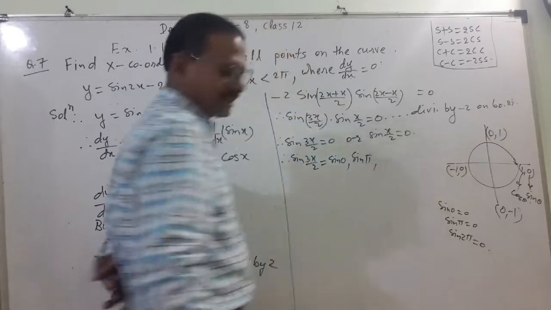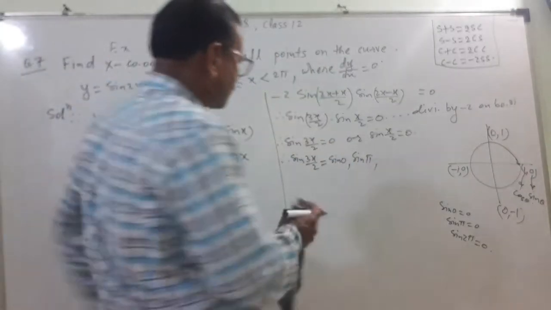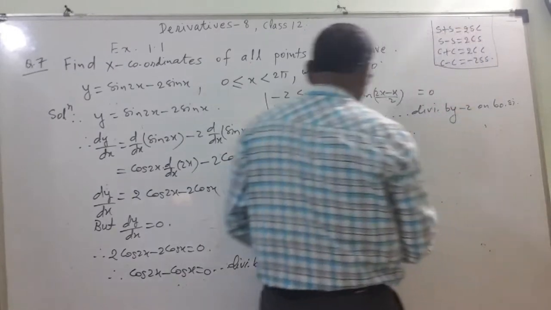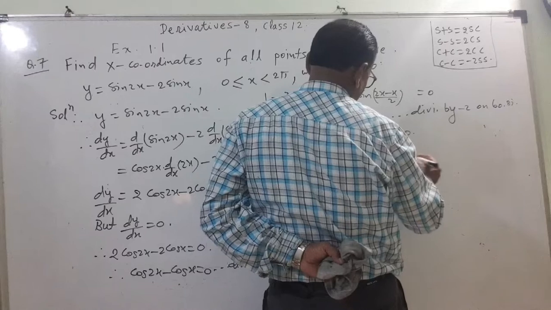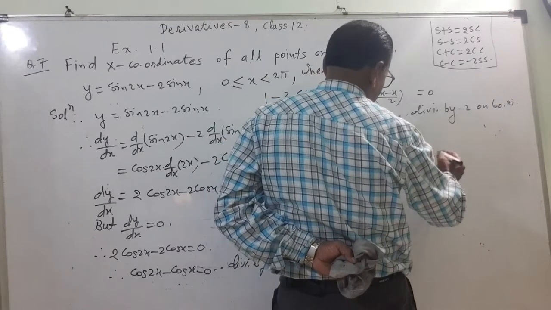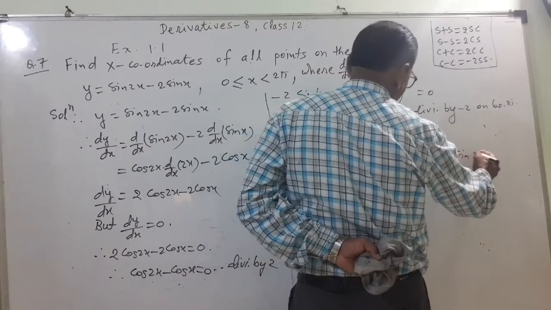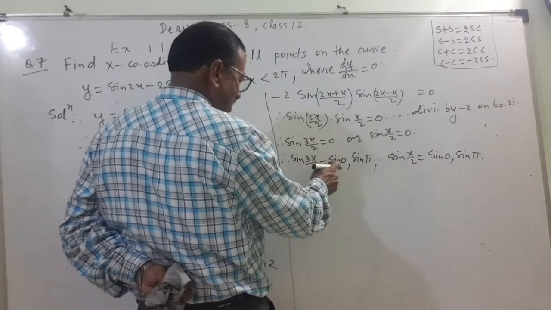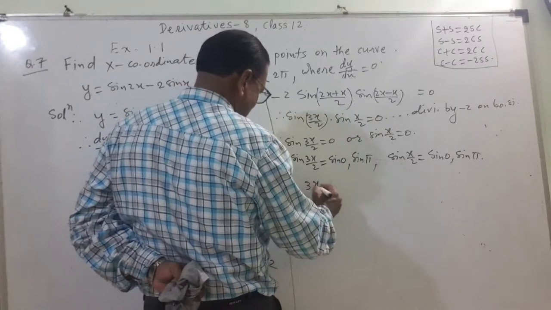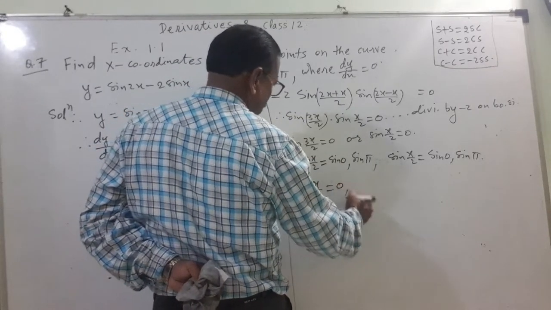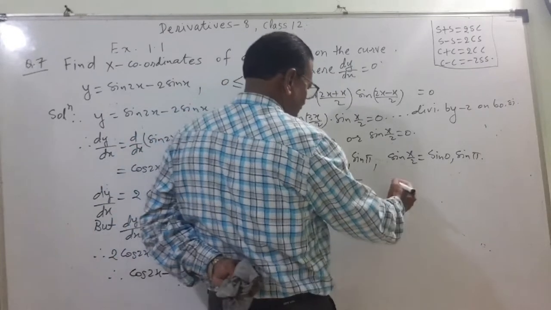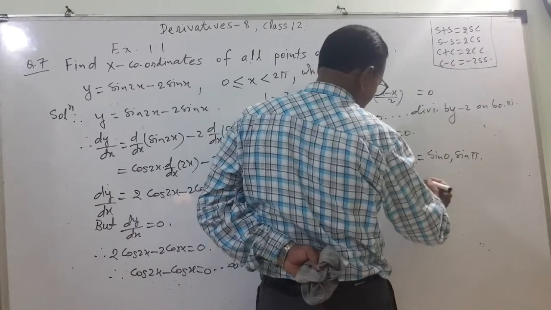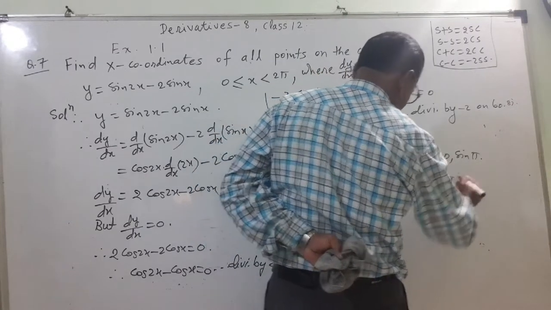These values I can take. Sine of x by 2 is also sine 0, sine pi. Therefore, 3x upon 2 is equal to 0, pi, or x by 2 is equal to 0, pi.